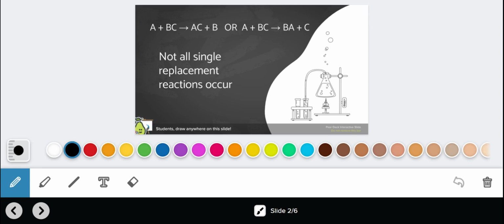So in this first example, A replaced B to form AC and then left B to be alone. Or A could replace C, leaving C alone, where A is in this case a nonmetal combining with B, the metal. In the first example, that's a metal combining with the nonmetal.